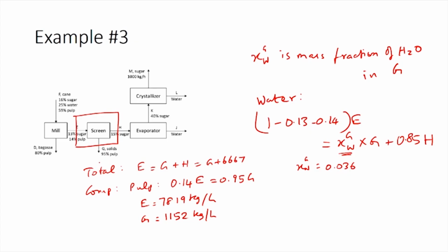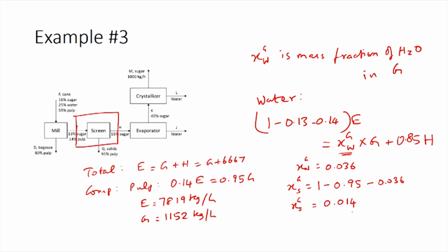That would be given by the mass fraction XSG, which is 1 minus 0.95, which is the mass fraction of pulp in the solid stream, minus 0.036, which is the mass fraction of water in the solid stream, giving you the mass fraction of sugar in the solid stream as 0.014.